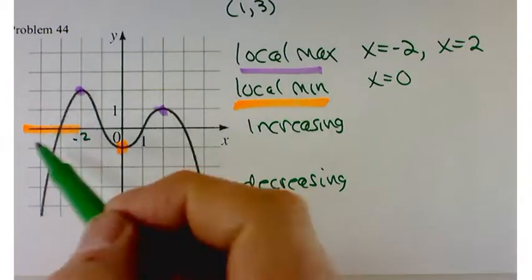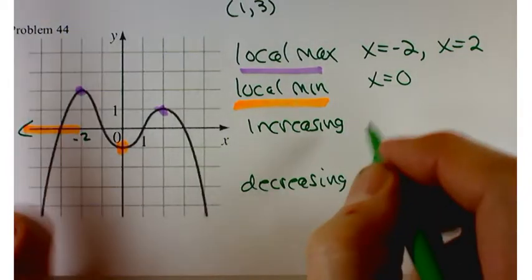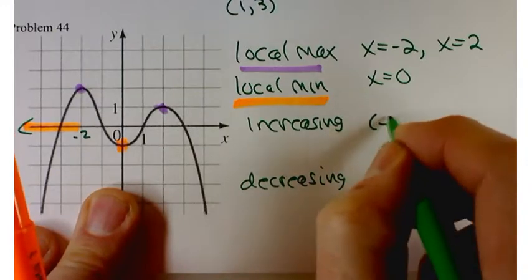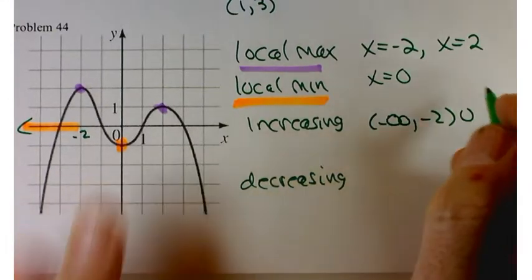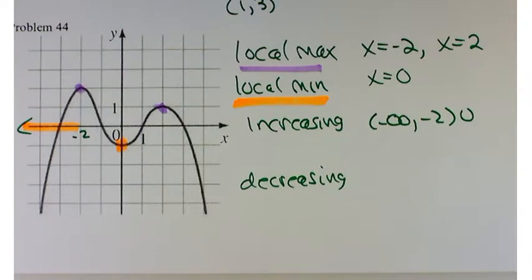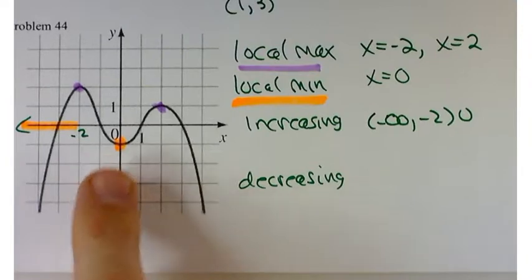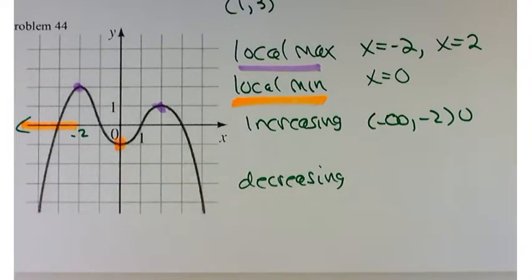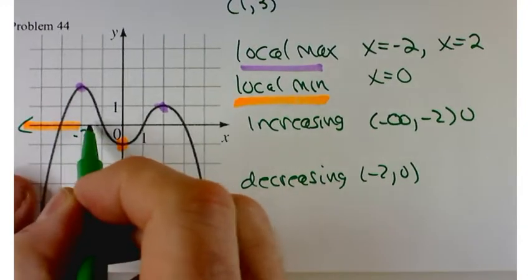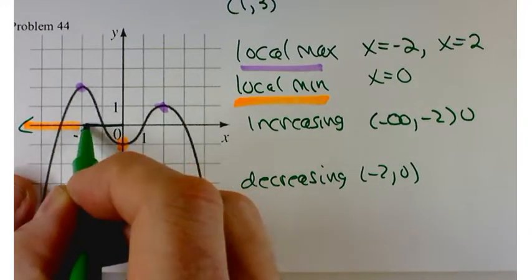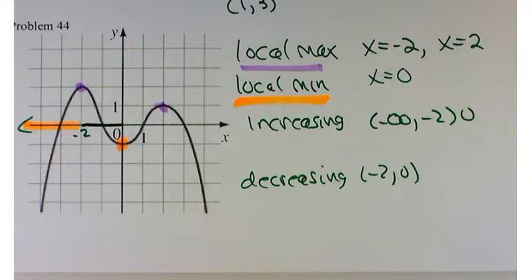So from -infinity to -2, and after that, the function starts decreasing, and it's decreasing until it gets to 0. So that'd be between -2 and 0. Again, keep in mind that these are intervals along the x-axis.